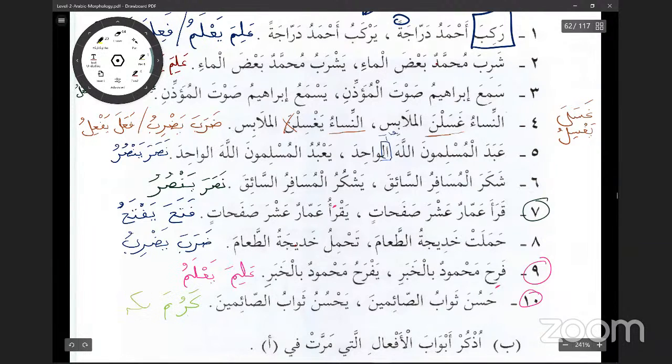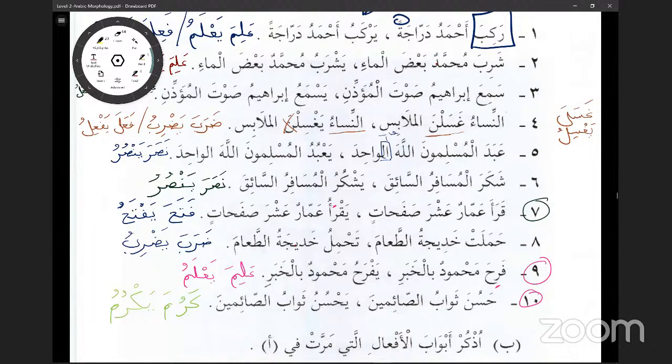يكرموا. جزاك الله خير. Excuse me, Sheikh. أيوة. The line before this one where you say alima, ya'lamu, I thought that word was alama, ya'limu. No, it's the other way around. علم فعل يفعل.